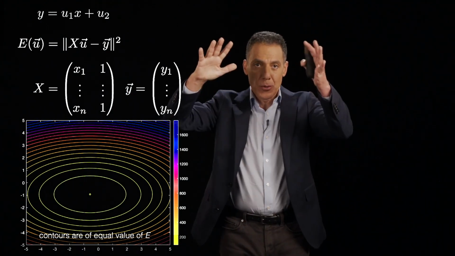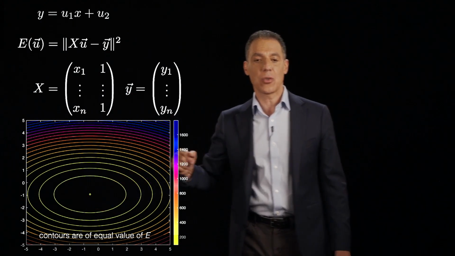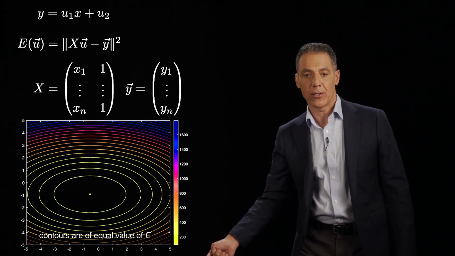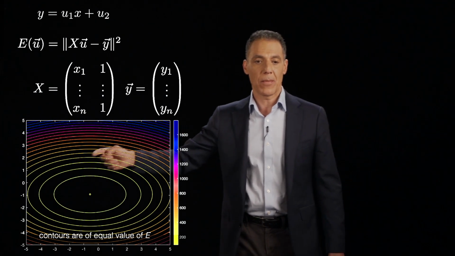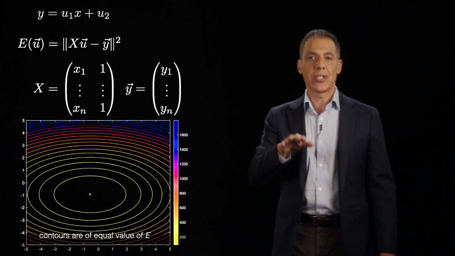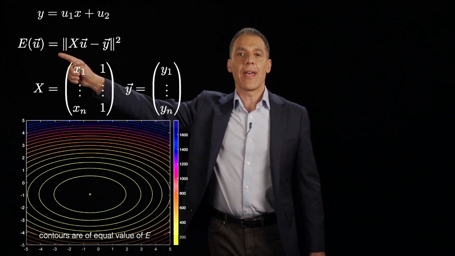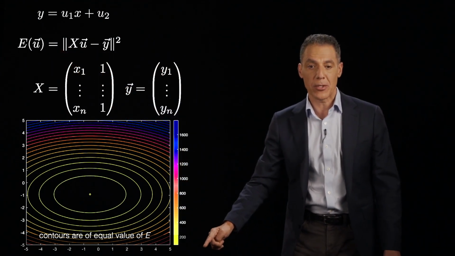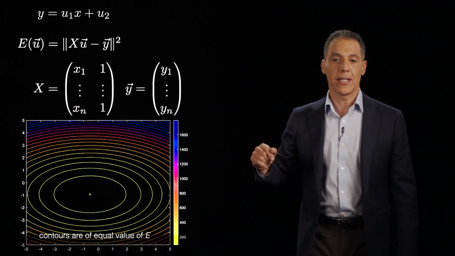And before I drew it as a bowl, and here I'm drawing it as a contour now, where small errors are in yellow and bigger errors get closer to blue and purple. Each of the contours here is associated with equal values of the error for the two parameters u1 and u2, slope and intercept.